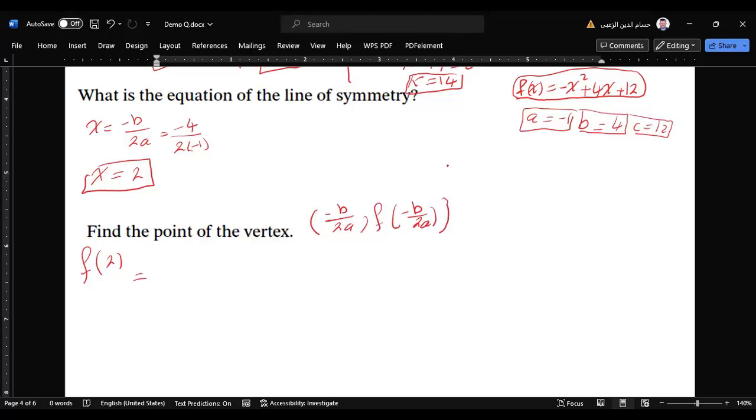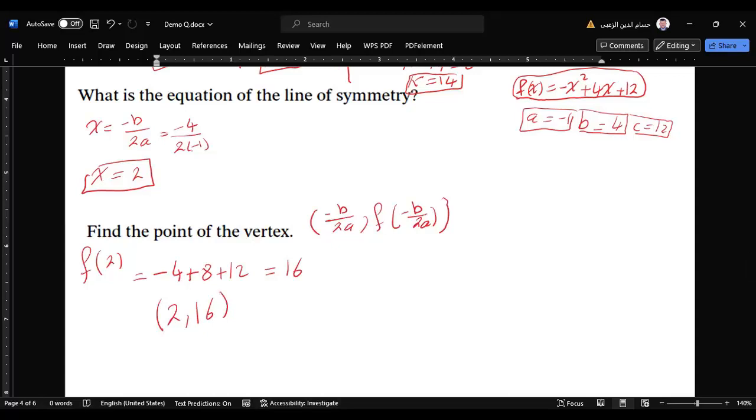So negative 2 to the power 2 is 4, plus 4 times 2 is 8, plus 12 equals 16. So the point of the vertex is (2, 16).